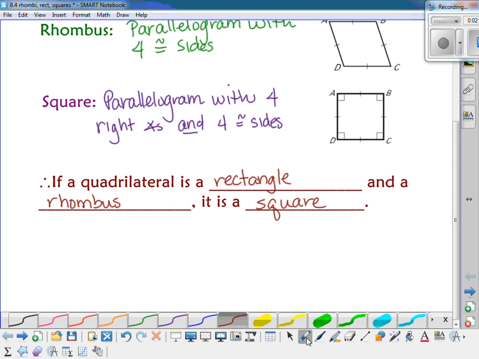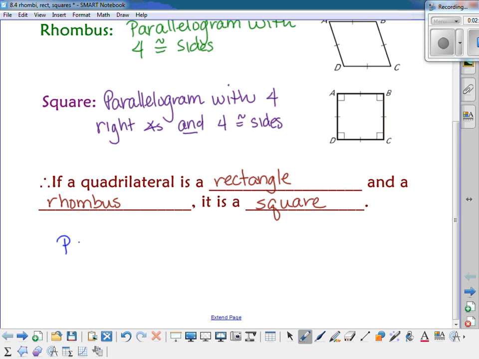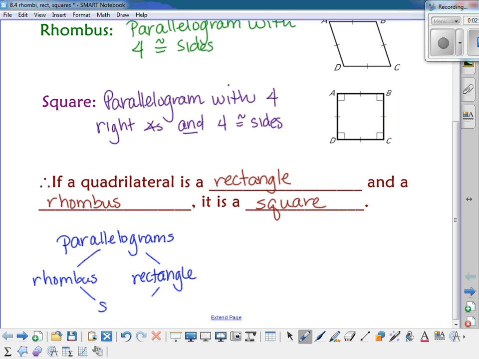So one way you could think of it is we have the family of parallelograms, and within those there are 2 special types, a rhombus and a rectangle. And then if it's both of them, it's a square.